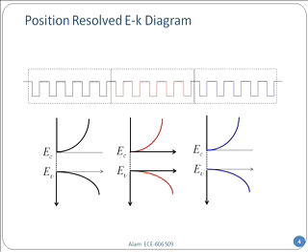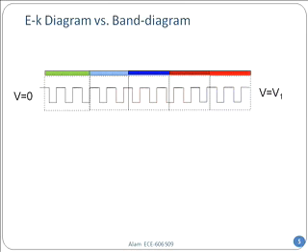Now, if you take that same one-dimensional semiconductor, but instead you do the following: ground the left-hand side, which is V equals 0, and then apply a voltage on the right-hand side, which is V equals V1.